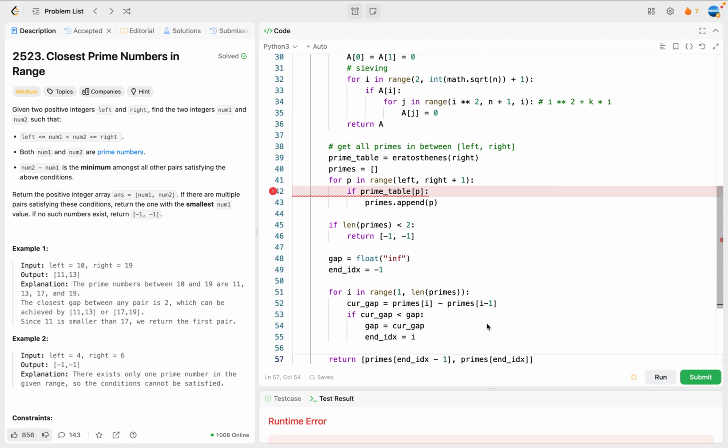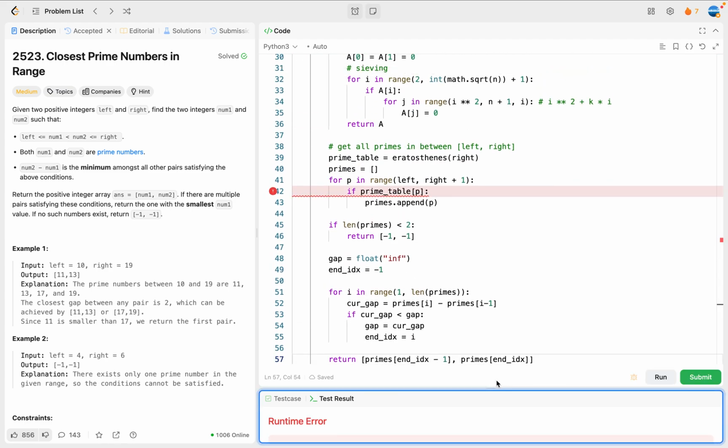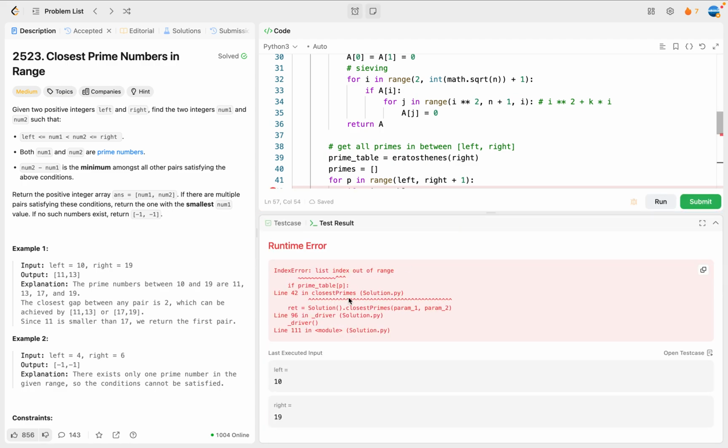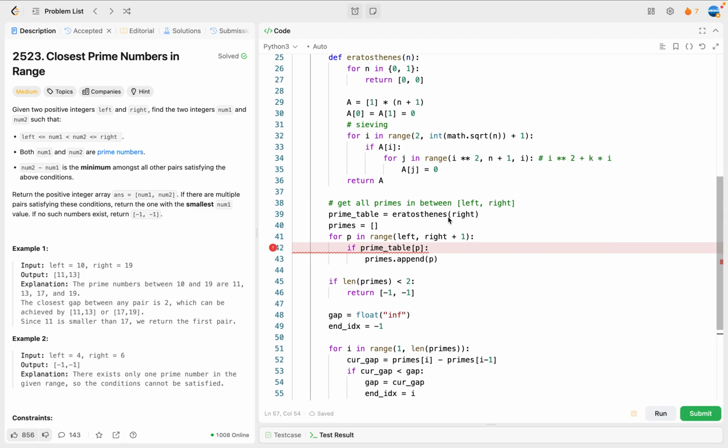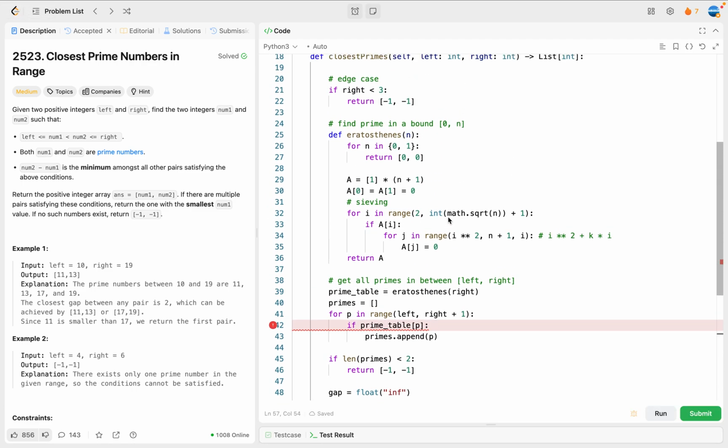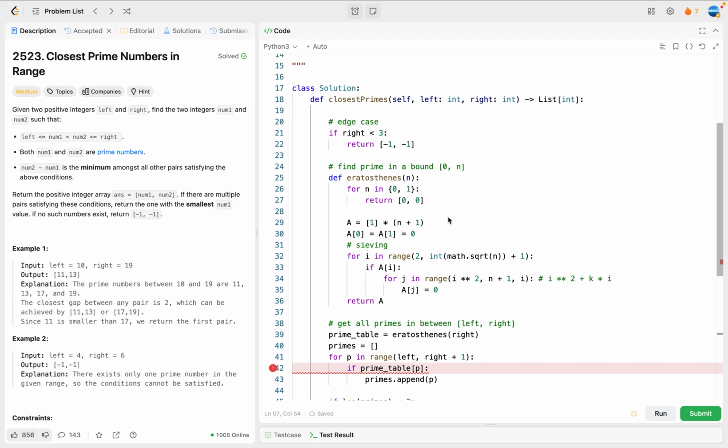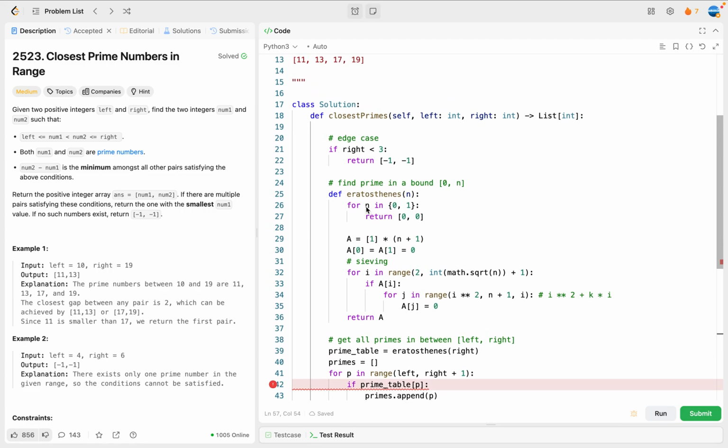Let me first run this. So list index out of range. So prime table, it means there's some problem. So here we call prime table, and let's see, for n, I see here, if, right?